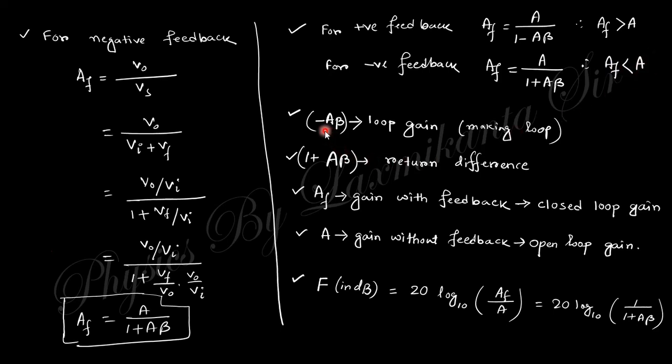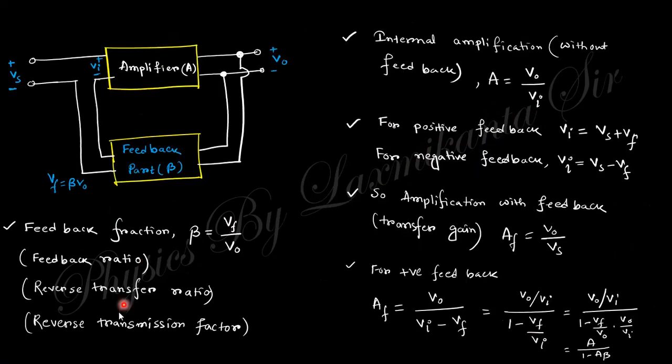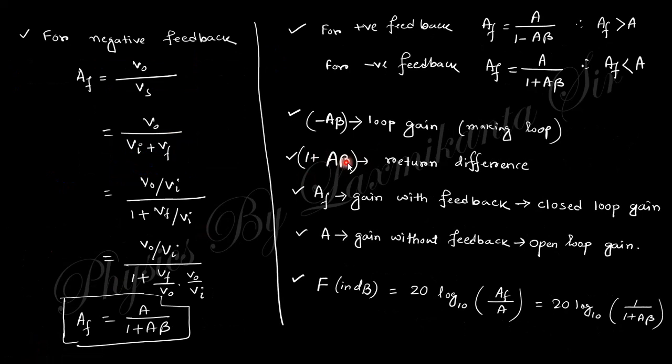This term A beta is known as the loop gain, because beta is the feedback and A is the gain, and their multiplication makes the loop. And 1 plus A beta is the return difference term. AF is the gain with feedback, that is the closed loop gain, and A is the gain without feedback, known as the open loop gain.